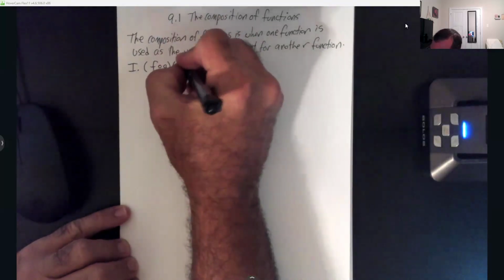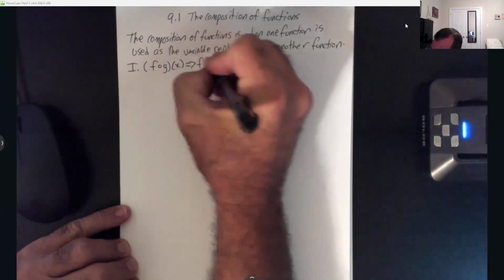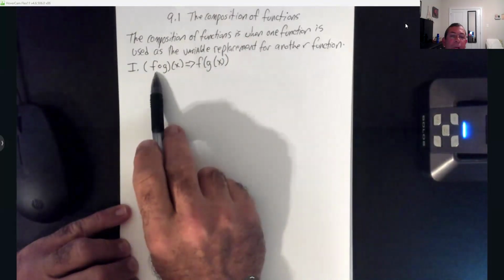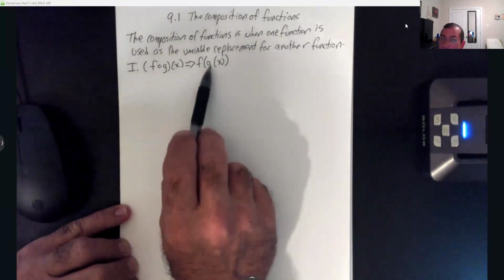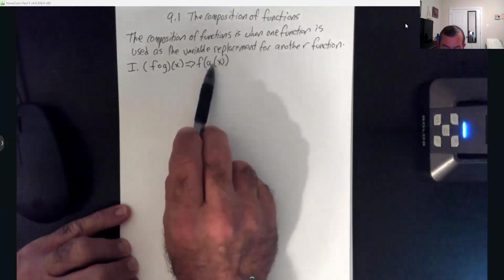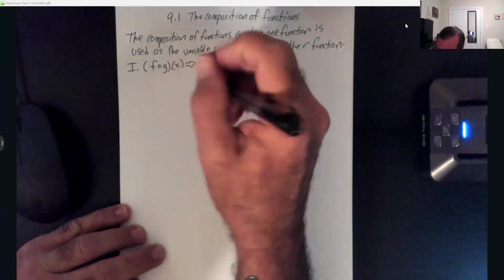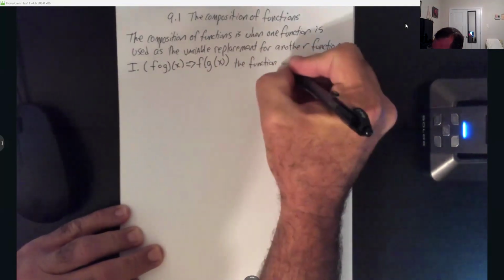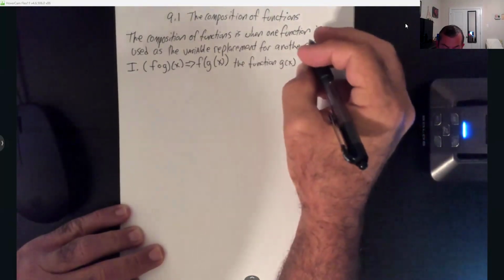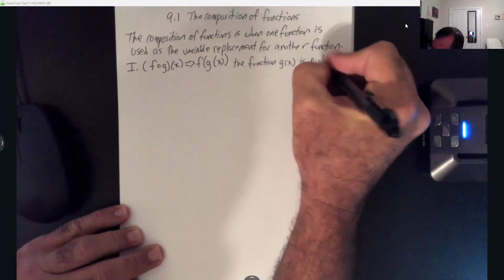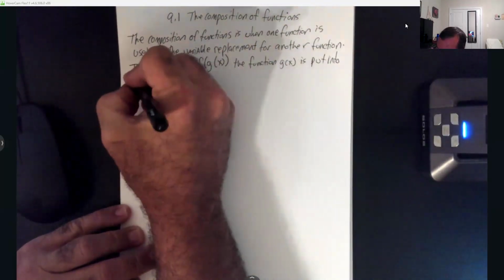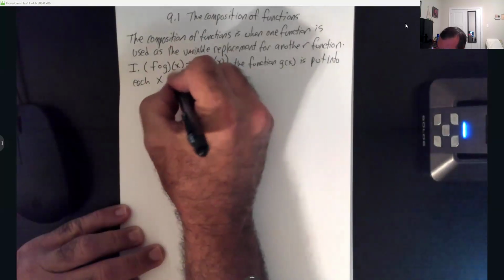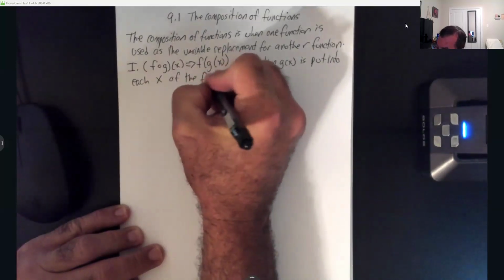But this is basically F of G of X. So when I got this notation, this means that we put the function G of X into the F. So the function G of X is put into each X of the F of X function.